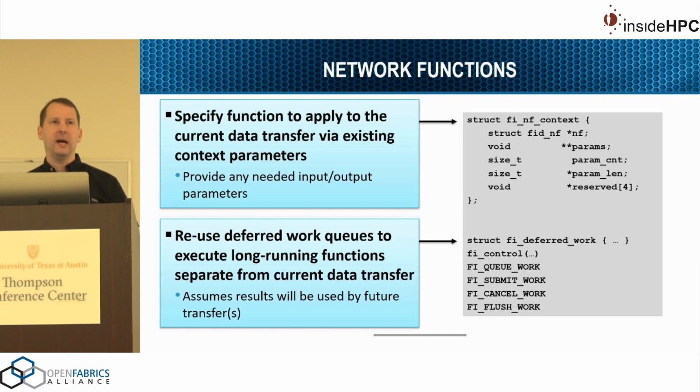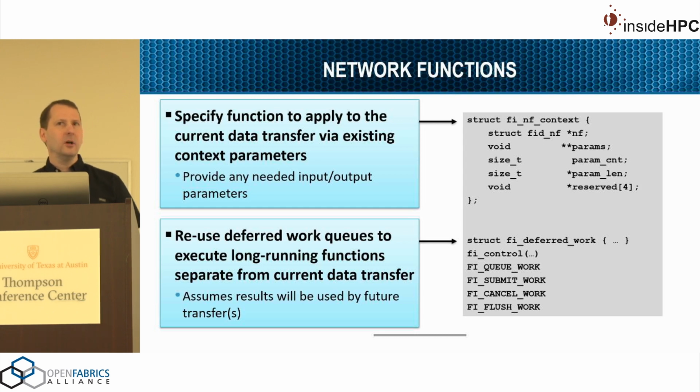And this data structure would allow the application to specify input and output parameters. If you're doing accumulation of some sort, or a reduction, or a filter that's being applied, this would be a way for the application to provide those input parameters to that function. If I'm doing a filter, what am I filtering on? This gives you either the structure or the integer or the floating point numbers that you're looking for. What sort of processing do you need to happen as part of the transfer?